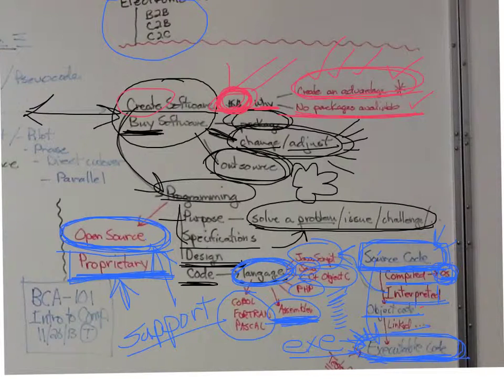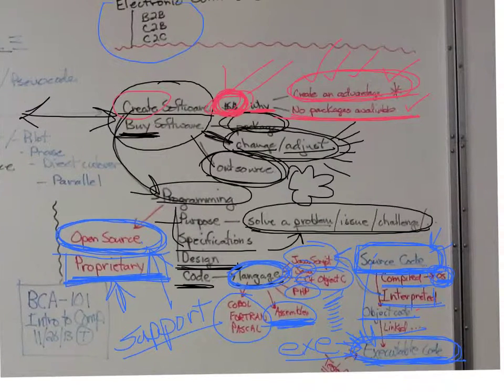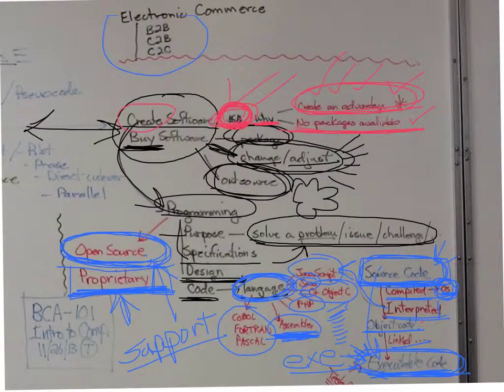Well, electronic commerce, e-commerce. E-commerce, business to business. Businesses are doing commerce with each other all the time. Customer to business. We buy stuff off of Amazon, and we do business with our banks and so forth.